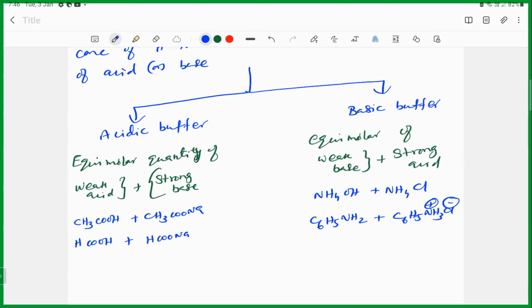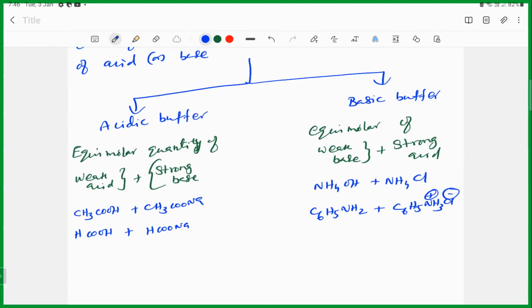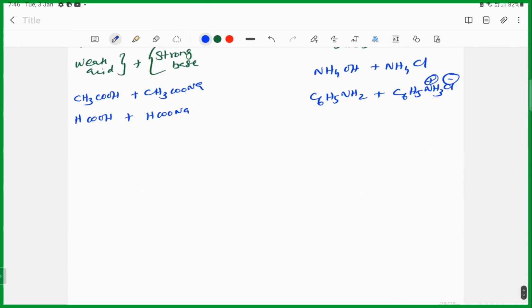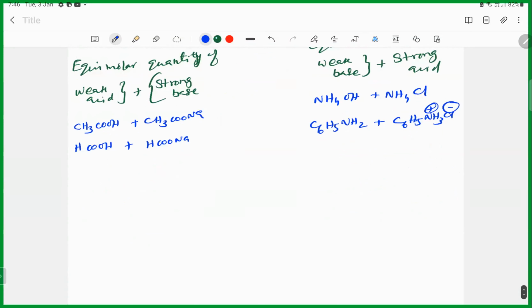So what is the application of buffer? The ability of the buffer to resist the change in pH value on addition of a small amount of acid or base is called buffer action. The pH of a buffer solution can be calculated by means of the Henderson equation.